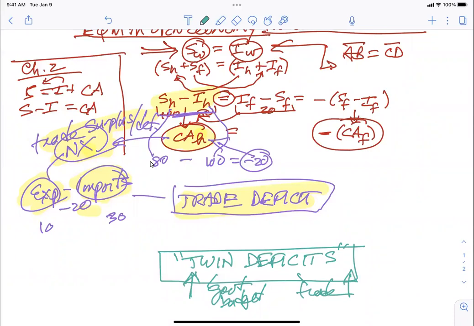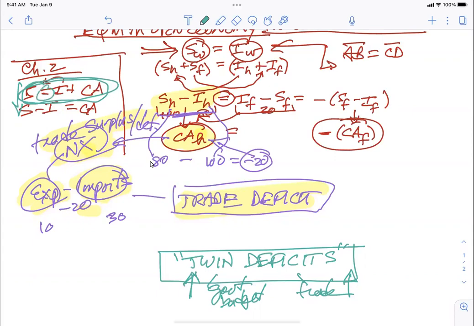Yes. So if we go back up here to the uses of saving identity, when there's a budget deficit, what happens to national saving? It goes down, right? Which is the same as an increase in the budget deficit. A reduction in national saving, an increase in the deficit.